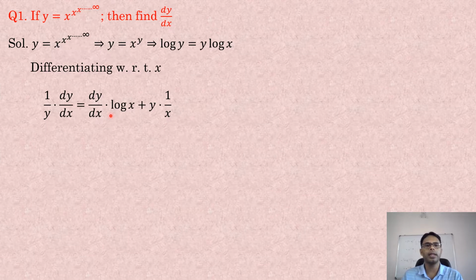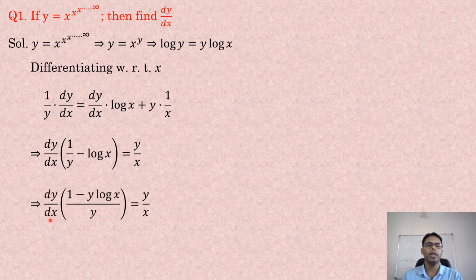And now collect the dy/dx terms on the left hand side. So dy/dx is common, here 1/y remains, and this term going to the left is negative, dy/dx is already taken common, so log x will be there, equal to this term, which is only y/x. Then taking LCM y, dy/dx into (1 minus y log x) over y is equal to y/x, the right hand side as it is.